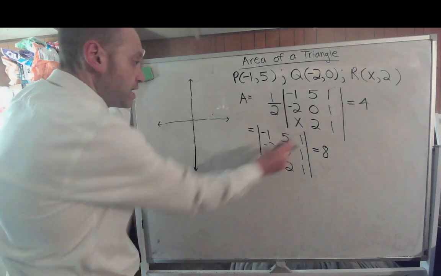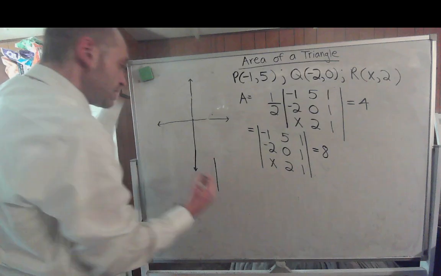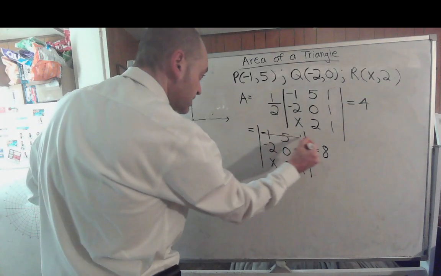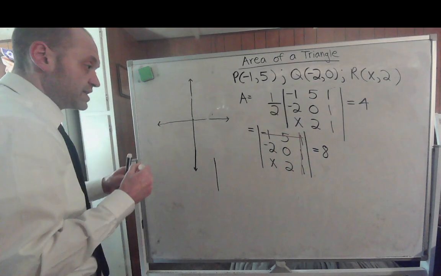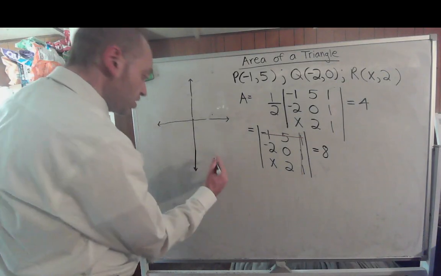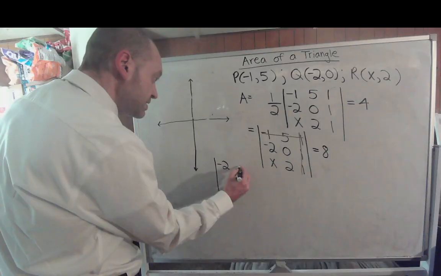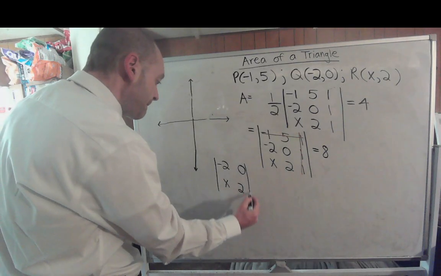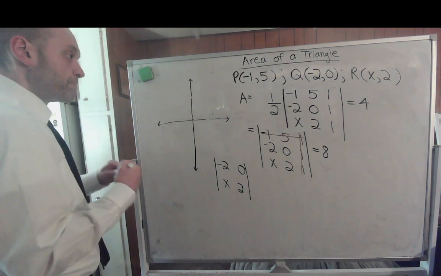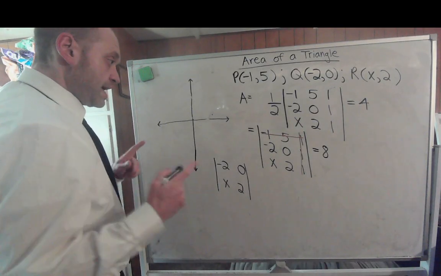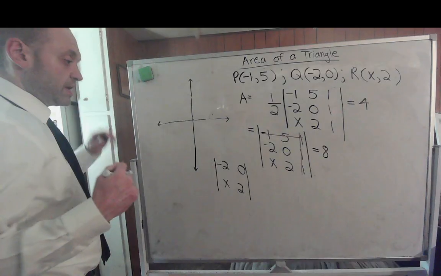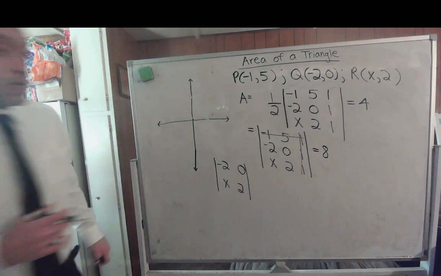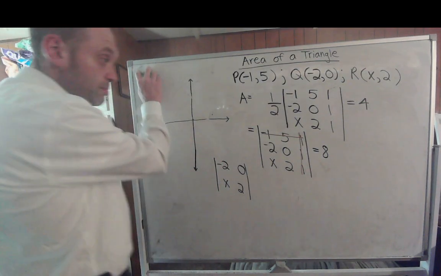So I'm going to go down the third column again. So we'll take +1 times the resulting determinant of what's left when you strike out the row and the column that one's in. You would end up getting the determinant of -2, 0, x, and 2. Now I need to set up my next determinant.